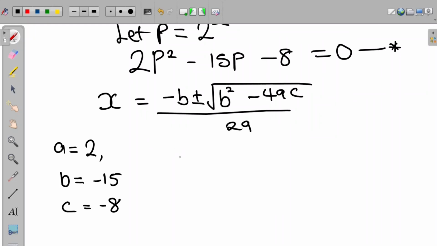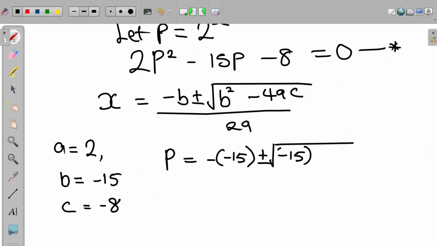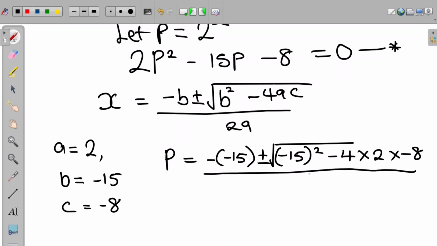But since our equation is in terms of p, the equation becomes p equal to minus b, so our b is negative 15, so we have negative negative 15 plus or minus root of negative 15 all squared minus 4 times a is 2 times c is negative 8. Everything here will be divided by 2 times 2.